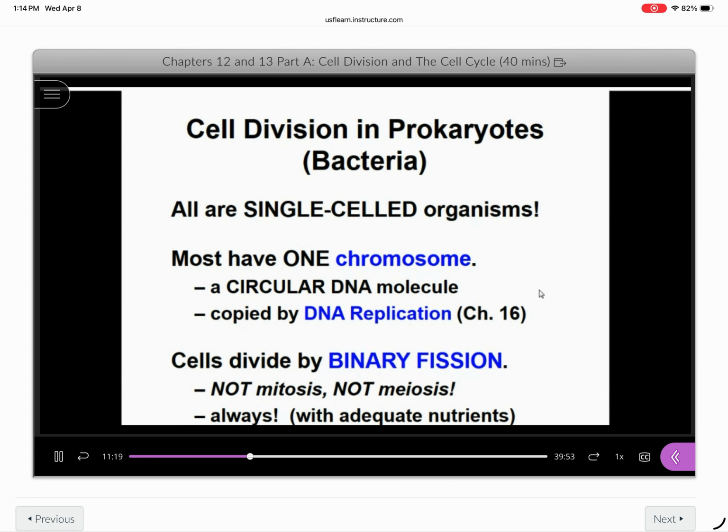It frankly is a mechanically simpler process. And one way to think about it is, as long as bacteria have adequate nutrients, they continue to divide and divide and divide and make more bacteria. Maybe a little simplistic, but I think there's a lot of truth in that statement.